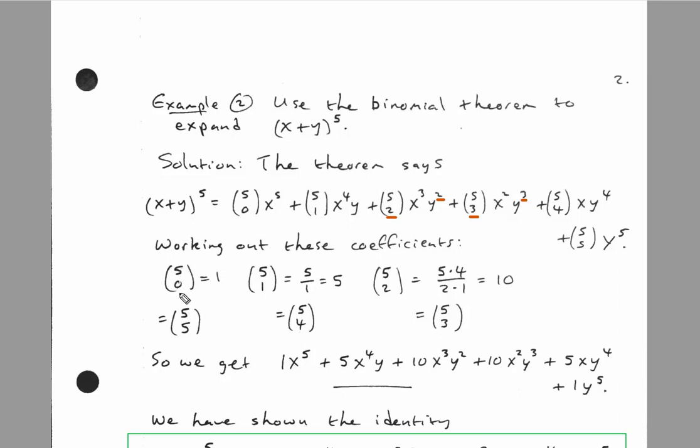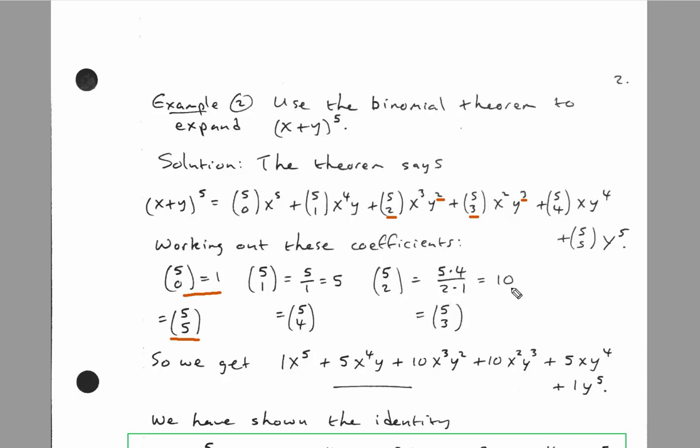5 choose 0 is 1, so whenever you have a 0, you get a 1. And that's equal to 5 choose 5. If I choose 1, that's 5 over 1, equal to 5. And that's the same as 5 choose 4. 5 choose 2, so now we need two numbers starting with 5 on top and 2 factorial on the bottom.